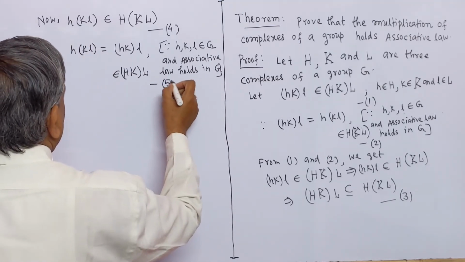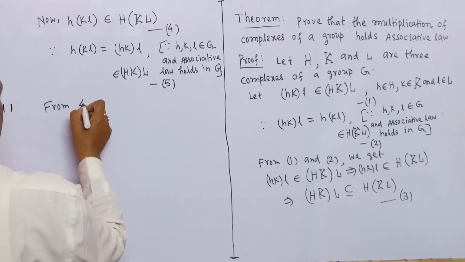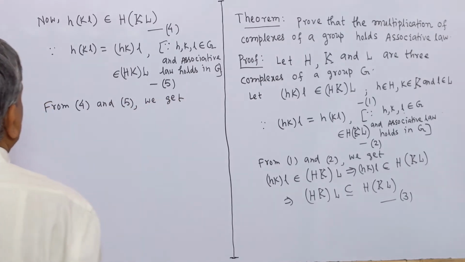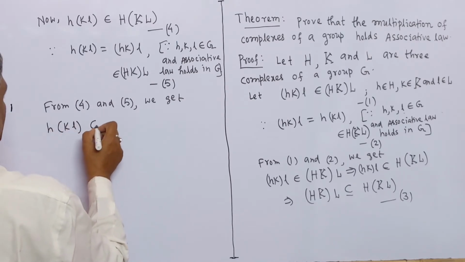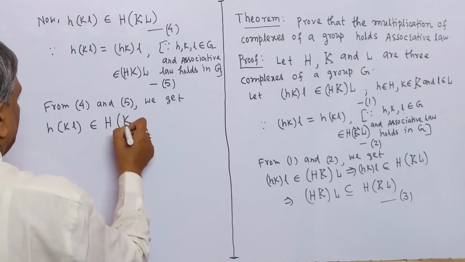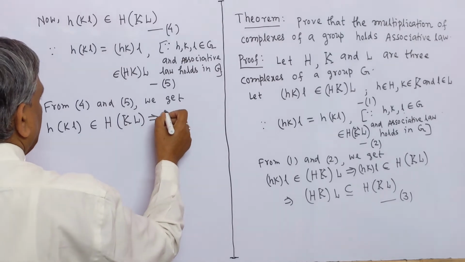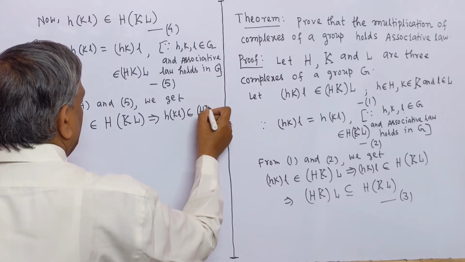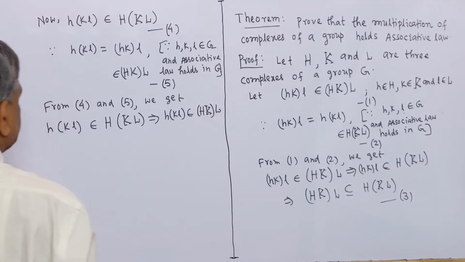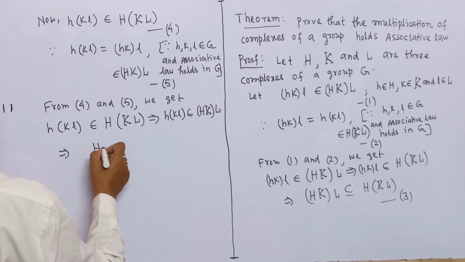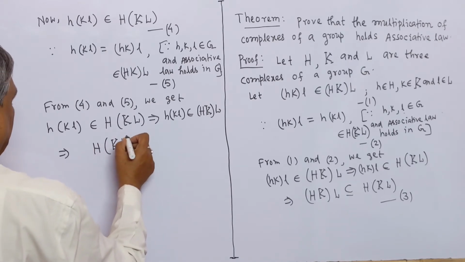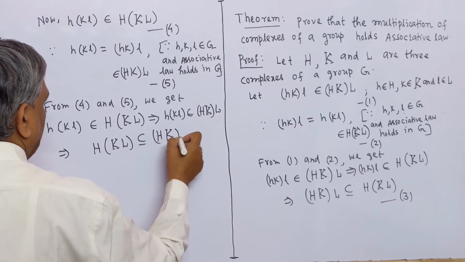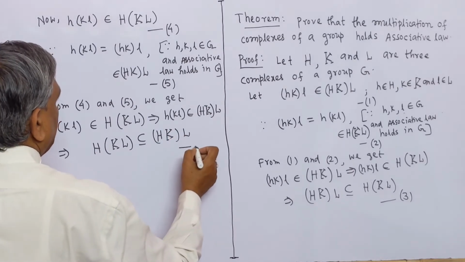This is number 5. From 4 and 5 we get h(kl) belongs to H(KL) implies that h(kl) belongs to (HK)L, implies that H(KL) is a subset of (HK)L. This is number 6.